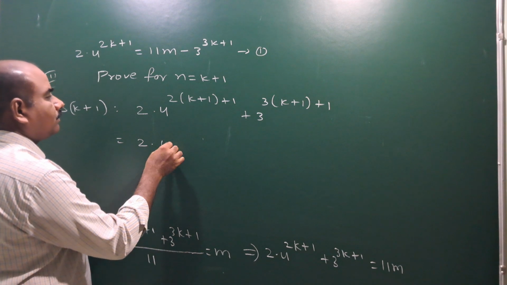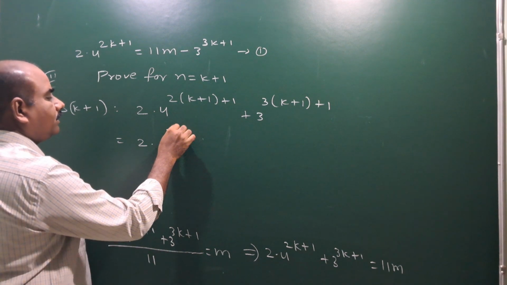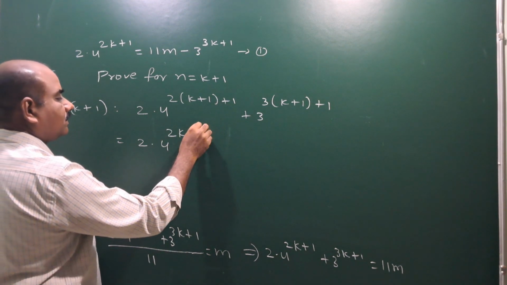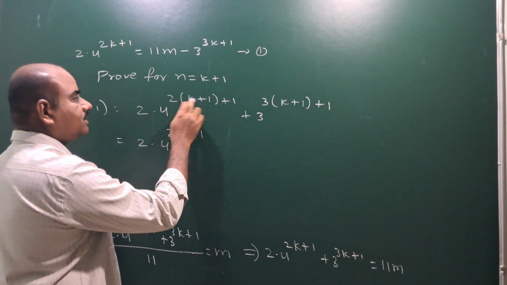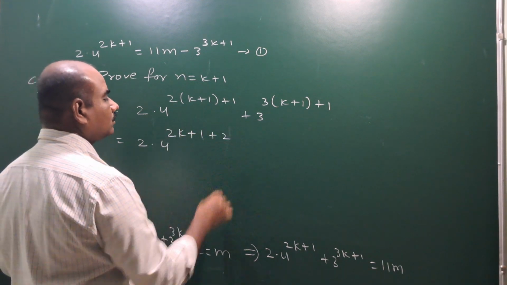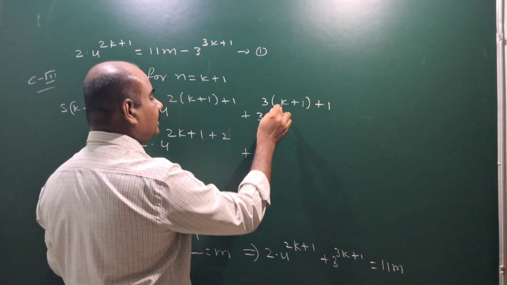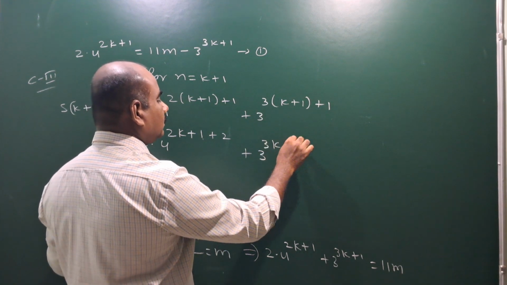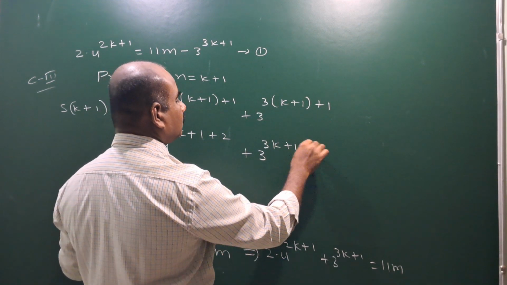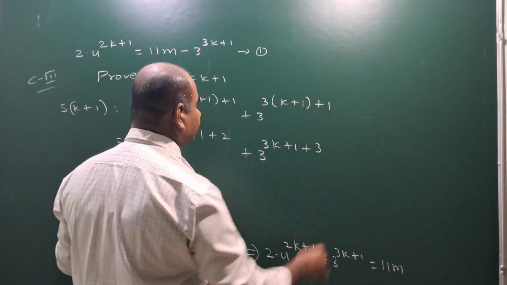2 × 4^(2k+2+1), that is 2k+1+2, plus 3^(3k+3+1), that is 3k+1+3.